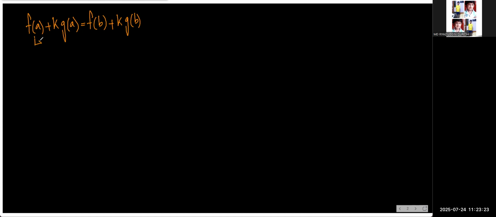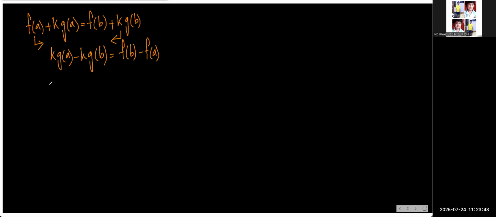This value we bring that side, this one we can bring this side. K into g of a minus k into g of b is equal to f of b minus f of a.